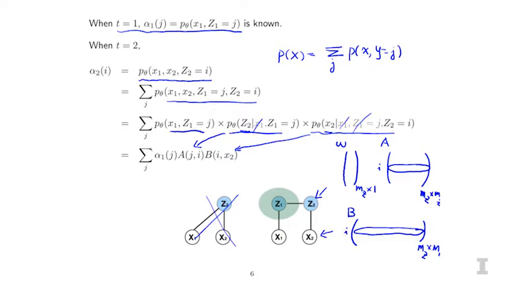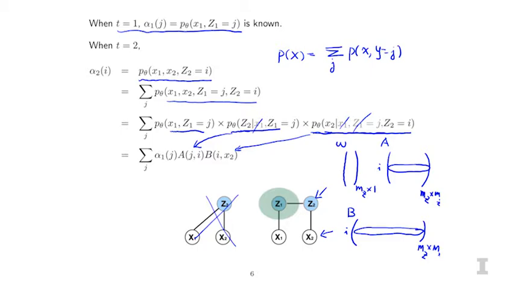So for this probability, we can just retrieve it from the A table, it is the (j, i)th entry. And for this probability, we just go to the B table and retrieve the corresponding entry in the ith row.